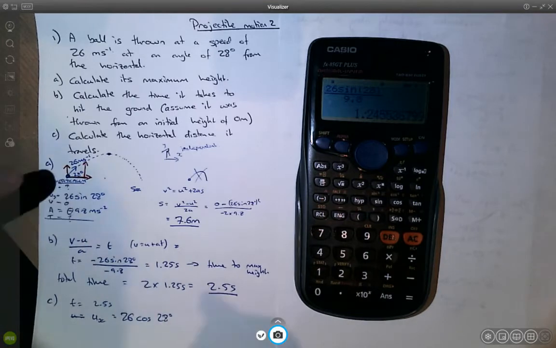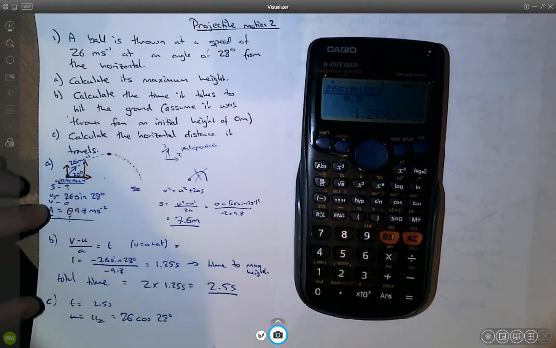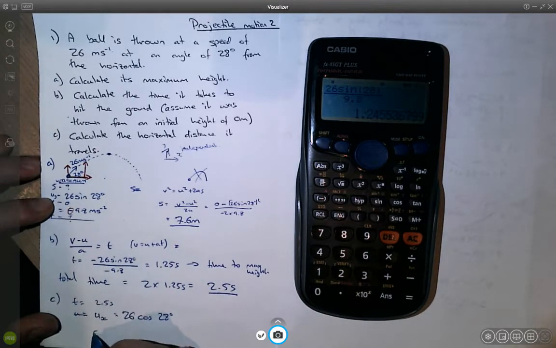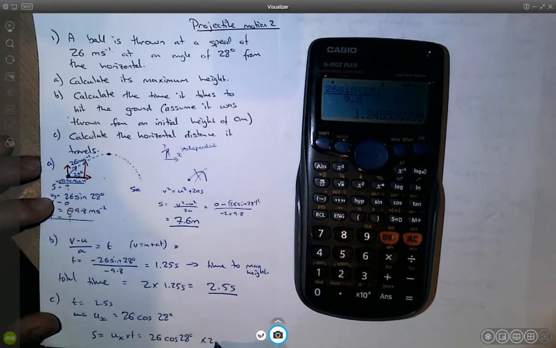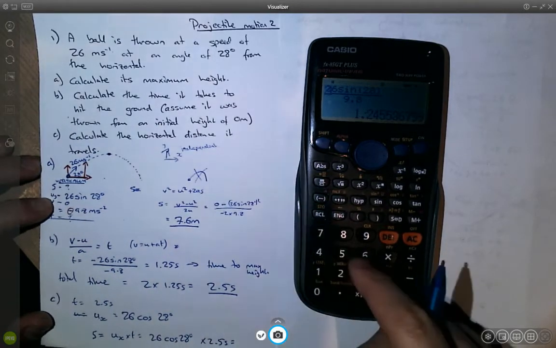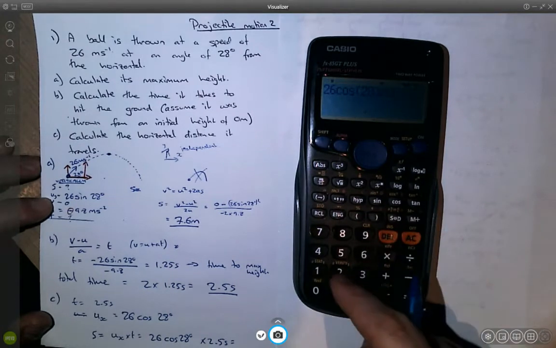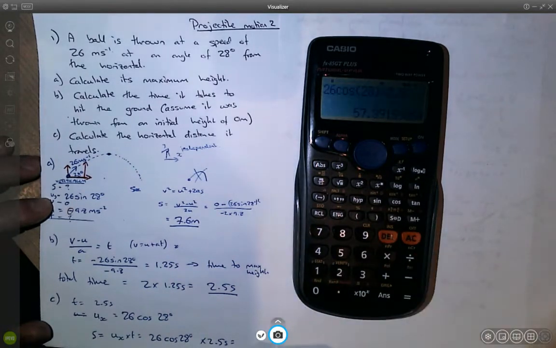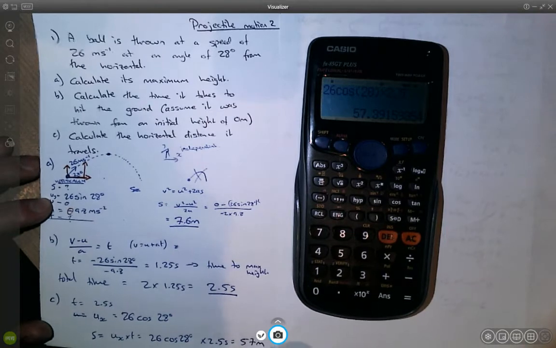And this horizontal speed is not changing. So distance is speed times time: 26 cos 28 degrees times 2.5 seconds, which is 57 meters.